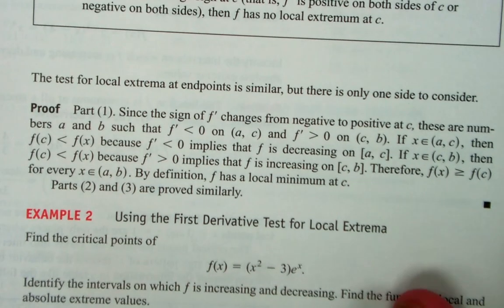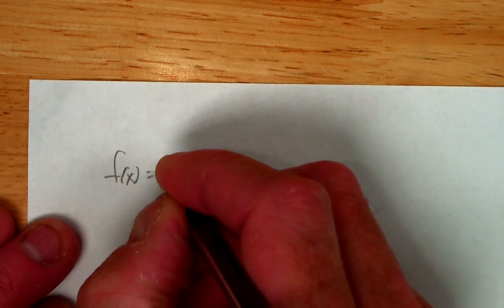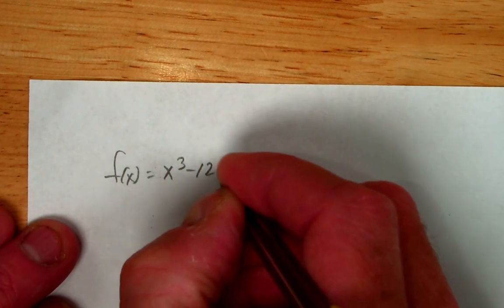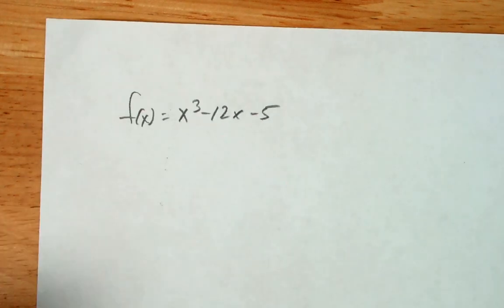So, we're going to go ahead and just steal a function from the book. Here's what we've got. f of x is equal to x to the third minus 12x minus 5. What I want to do is find all the intervals of increase and decrease.